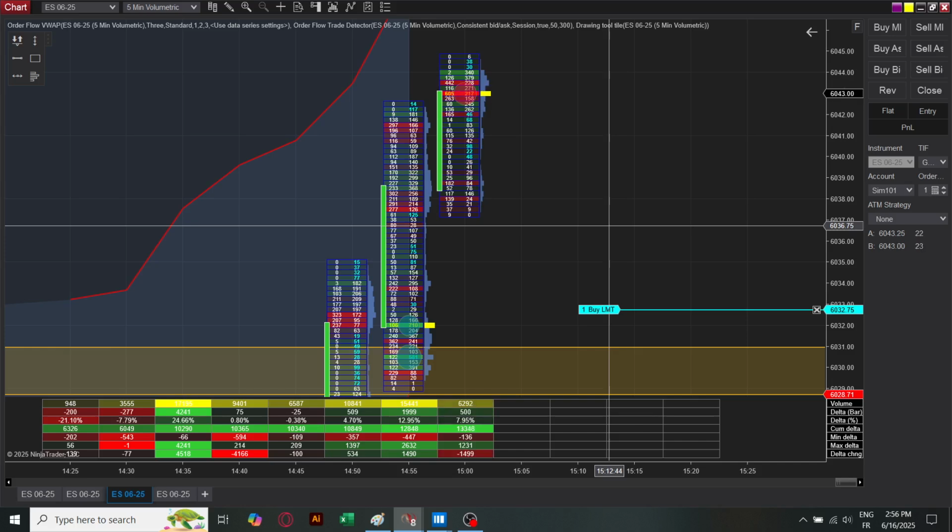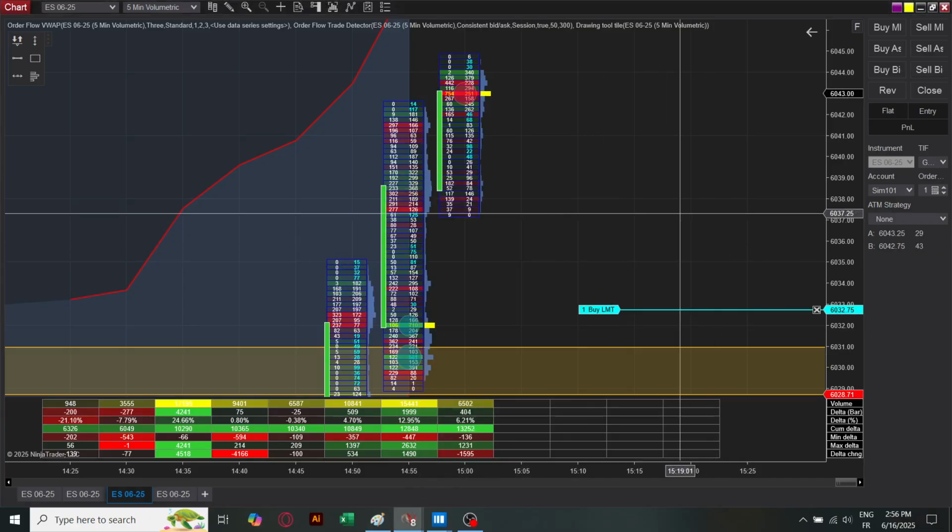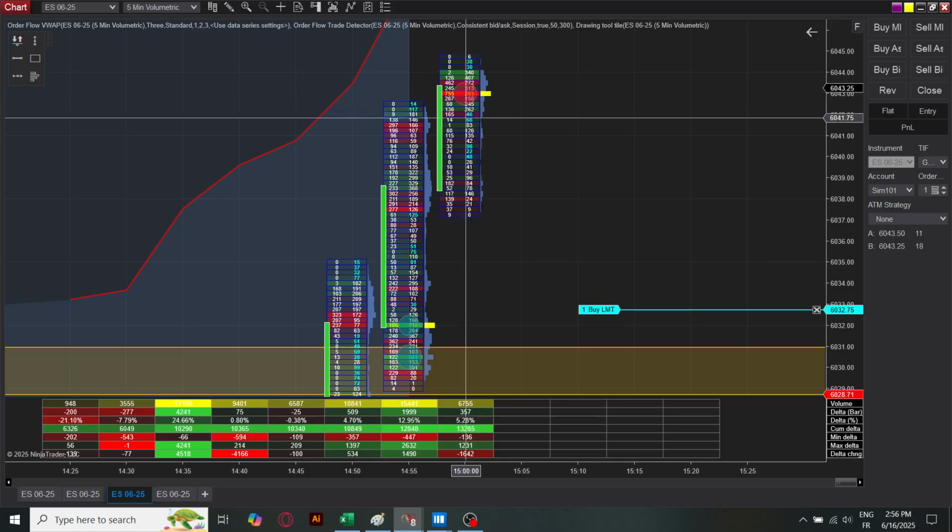Alright, we had the stop loss for the crude oil. There is a strong sell order here.